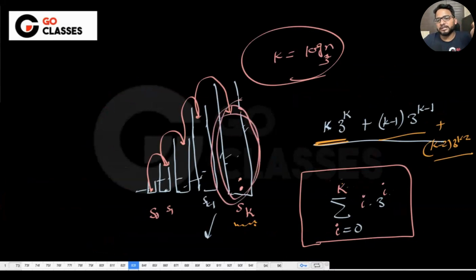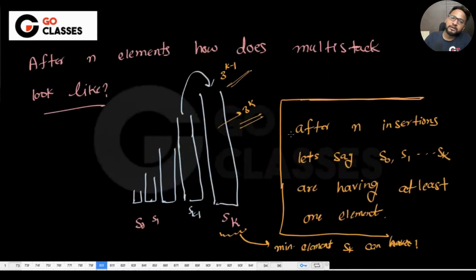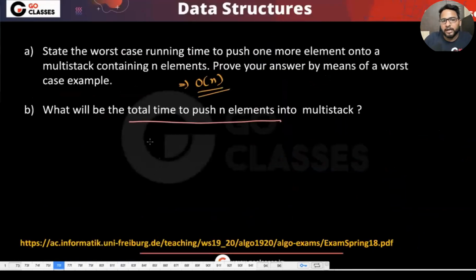The elements in this stack have jumped too much, which means the initial elements have done most of the work. Then the work is reducing by the factor of 3. Then the work is reducing. Then the work is reducing. Something like that. So basically, total work you have made to push n elements is n log n, and worst case n. So that's why you can say that the final answer is n log n here, and this is order of n, or maybe you can say theta of n, and this is theta of n log n. Okay.